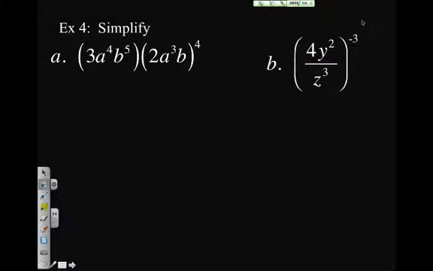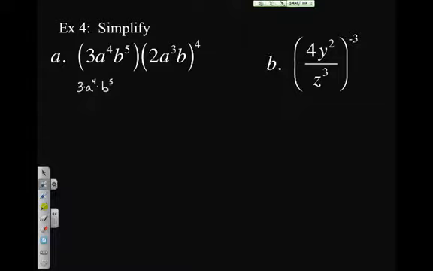Now, things start getting a little bit more complicated when we have more than just one thing. So in this case, look at what we have. The first term is just 3 times a to the 4th times b to the 5th. And we really don't have to do anything with that. But the second one, that second factor, we've got an exponent.